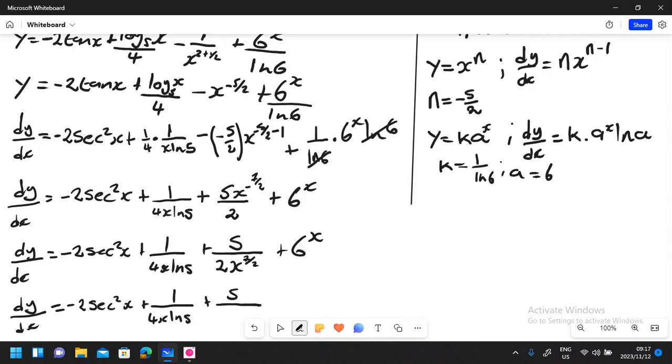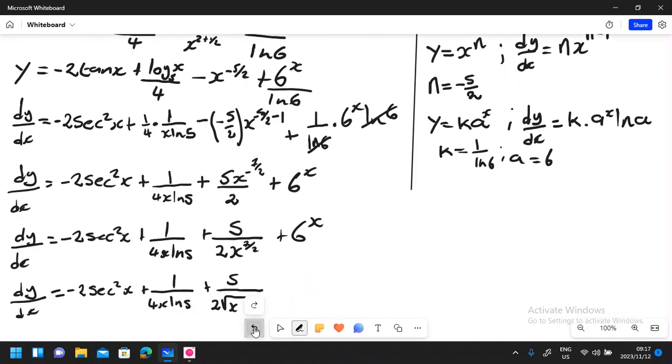Now this is where you're supposed to change this into surd form. We have 2 here, and then we know that this is squared, so this 2 is going to be a root, and then it's going to be x to the power of 7. I hope you can see this. Let me just open more space here. X to the power of 7. All right, and then we say plus 6 to the power of x. So this, guys, is our final answer.